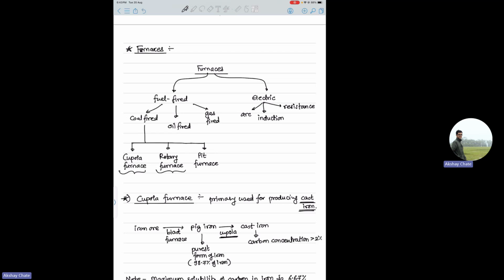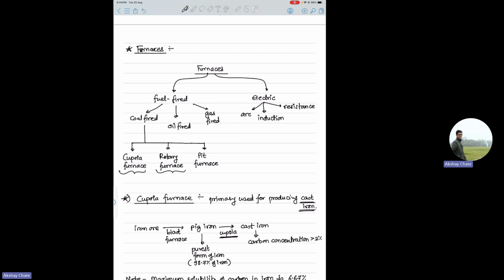And in gas fired, as you know, it's natural gas or methane, propane, butane, whatever gas you have available. But it has to be cheaper. Otherwise, there is no point, right? Who will pay that much cost for just melting? Economically not feasible if you use propane or something like that. Mostly natural gas, producer gas, biogas, those things are used. The working principle is more or less the same.